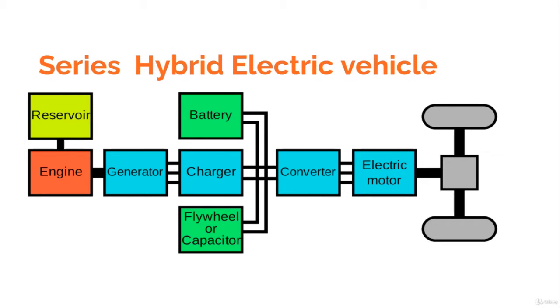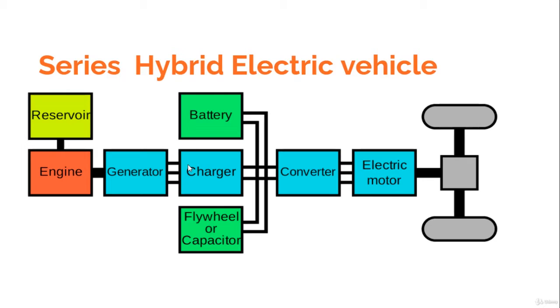The advantage of such a configuration is that it is an efficient configuration with an optimized power plant and an optimized drive line. It has a long lifetime. The response is pretty fast, and obviously the emissions are lower. The disadvantages are that it has a large traction system.